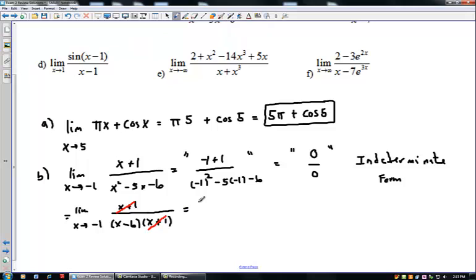And so this is going to equal the limit as x goes to -1 of 1 over x minus 6. And now I'll plug in -1 for x, so I can drop off the limit. You drop off the limit when you evaluate it, which means plug in x equals -1, so -1 minus 6, and I get 1 over -7, so minus 1/7 for my answer.